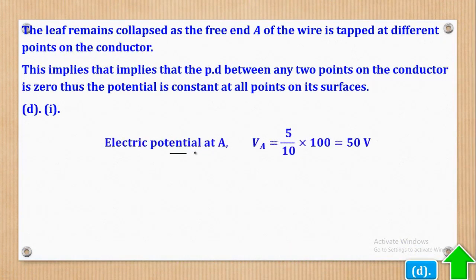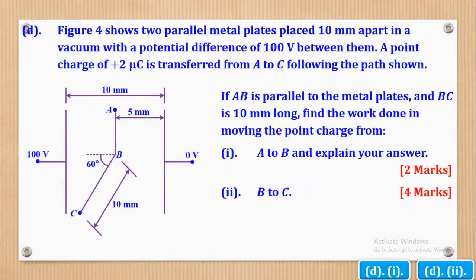So the electric potential at A, denoted by VA, is equal to 5 over 10 multiplied by 100, which gives you 50 volts. So where does that come from? When you go back to this question, we know that from here to here is 10 millimeters and the PD is 100, from 0 to 100 volts.